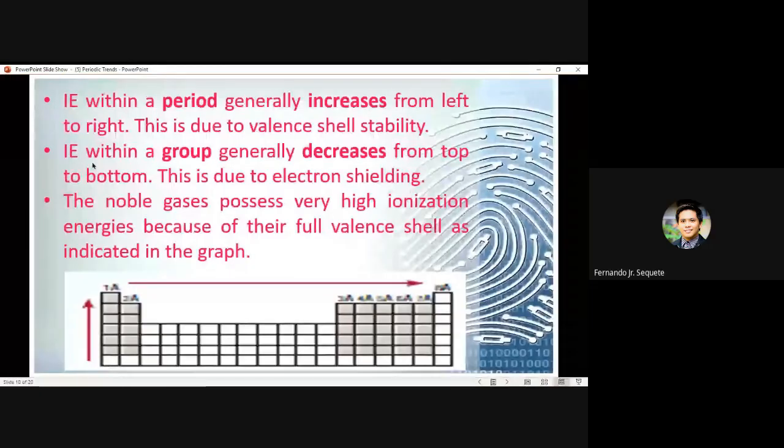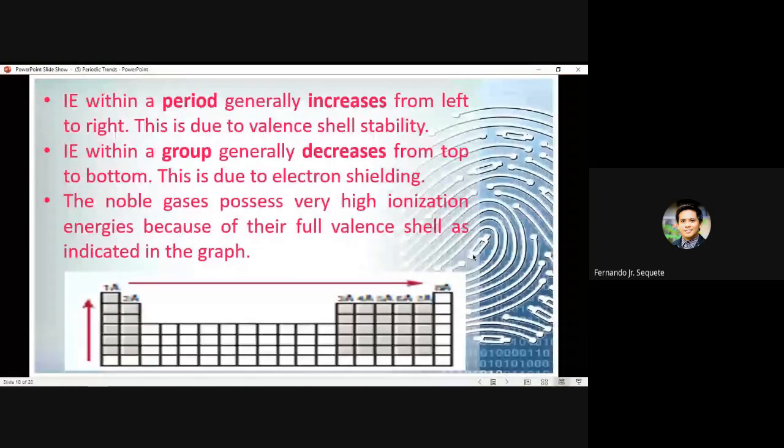Sir, ang ibig bang sabihin nito, yung ionization energy at saka yung atomic size, baliktad lang? Yes, baliktad lang. Kung ano yung top to bottom kanina sa atomic size, baliktad dito sa ionization energy. Okay?